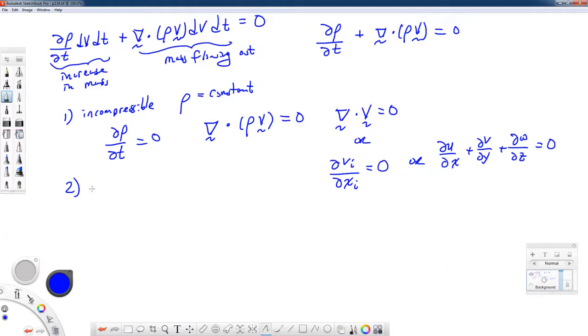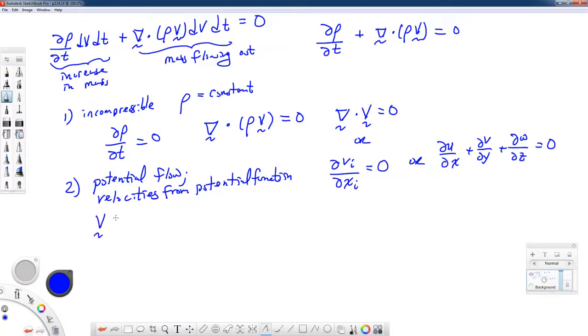Second thing we can take a look at is if the velocity field is determined from a potential function. And this is called potential flow. Okay, and in that case, the velocity vector would be determined by taking the gradient of some function phi.